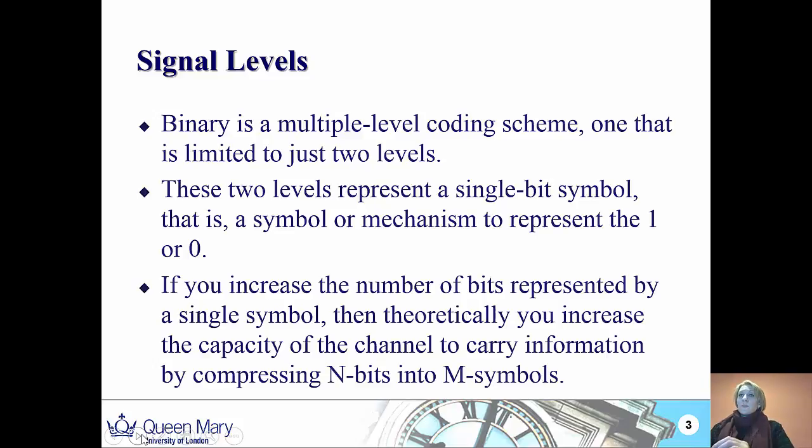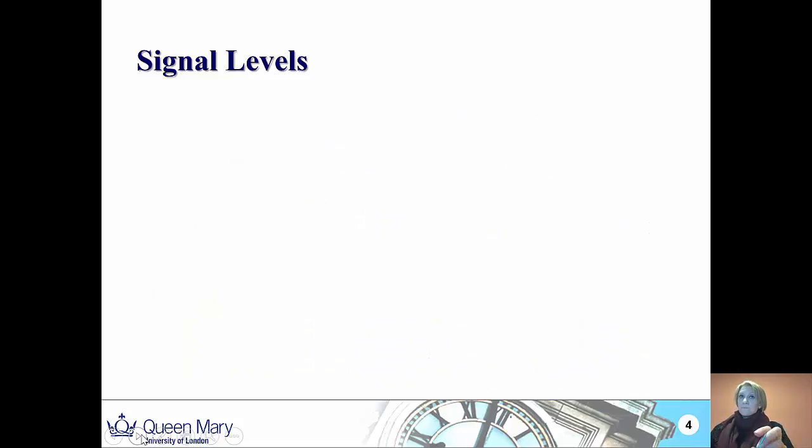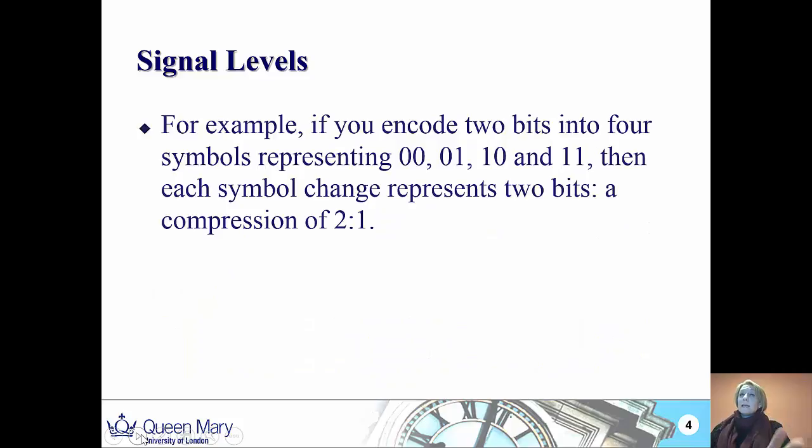If we want to increase the number of bits represented by a single symbol, then we theoretically increase the capacity of the channel to carry the information by compressing more information into these symbols. We're still working within the same overall bandwidth availability, but we're communicating more information within each individual level, and this increases the efficiency of the communication. So what actually does this mean?